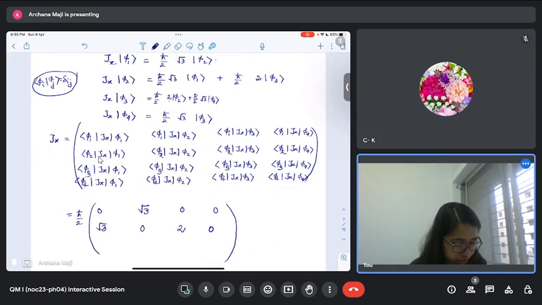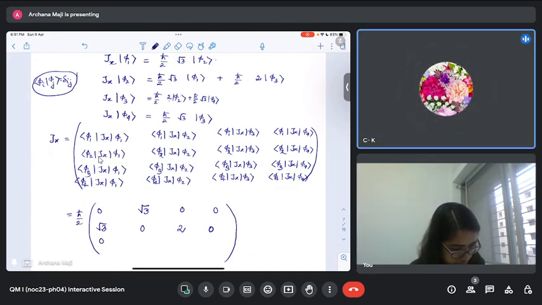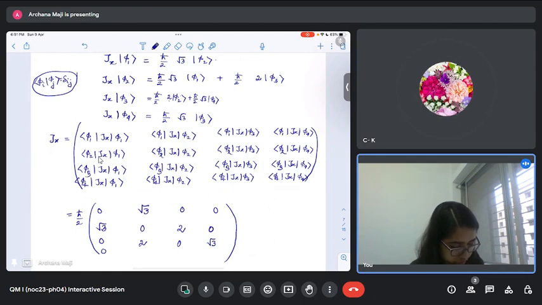Tell me the other terms also quickly. Jx on phi 1 is phi 2. No, this is 0. Then 2. Then 0, 0, square root 3. So phi 4 Jx phi 3, what about that?